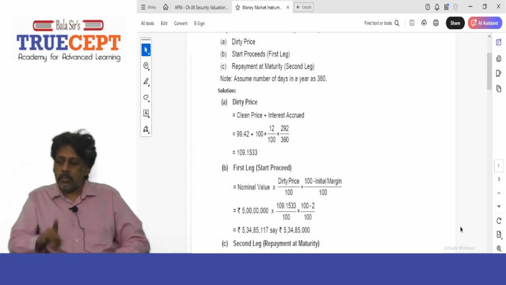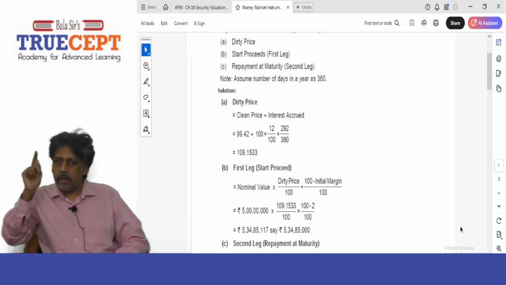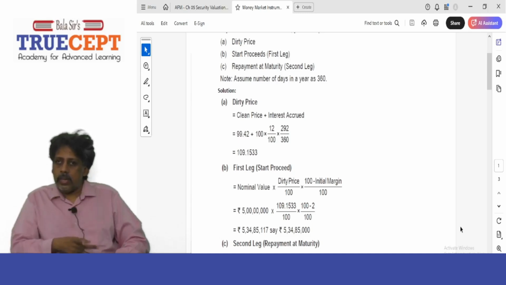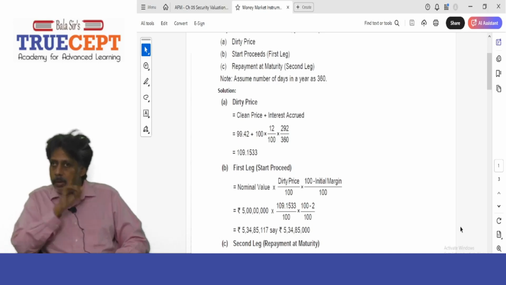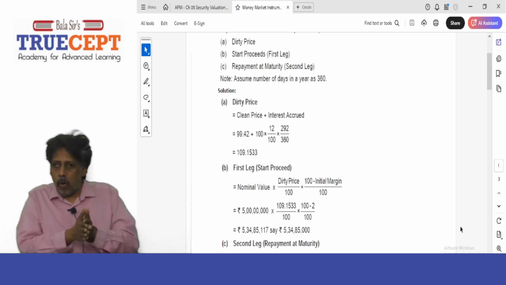You all know this, interest income is always calculated on the face value of a bond, right? So 12 by 100, 12%, for how many days? For 292 days. And 12% is a per annum rate for 360 days. So multiply by 292 by 360, you get the interest portion, and add both.